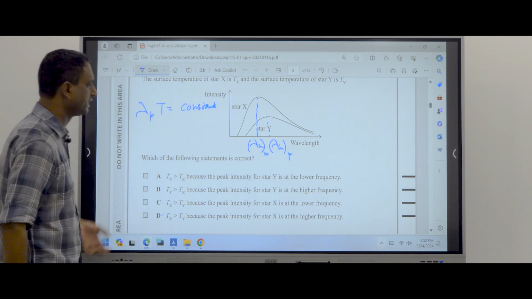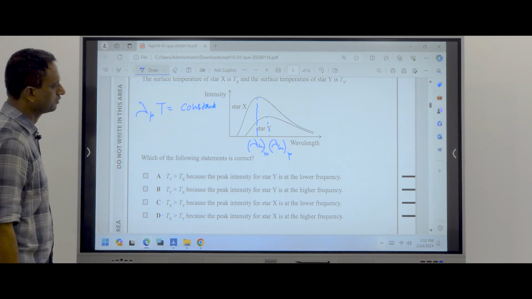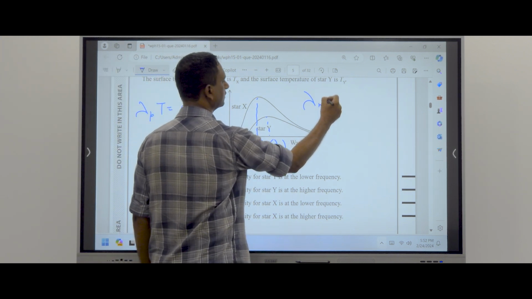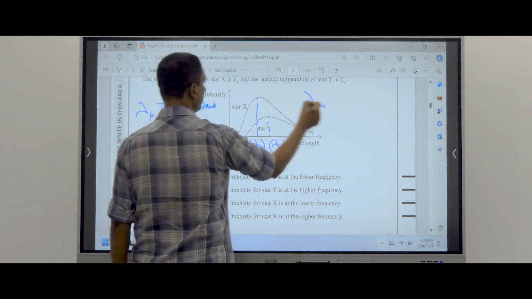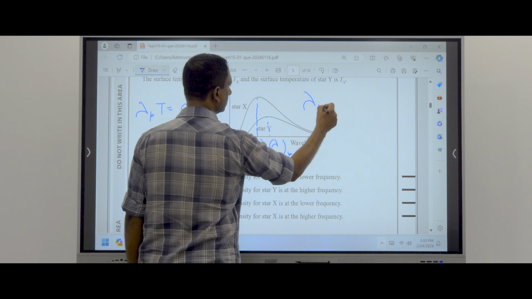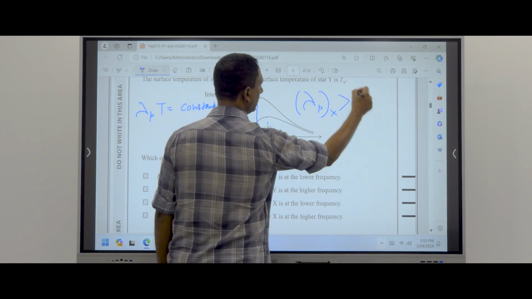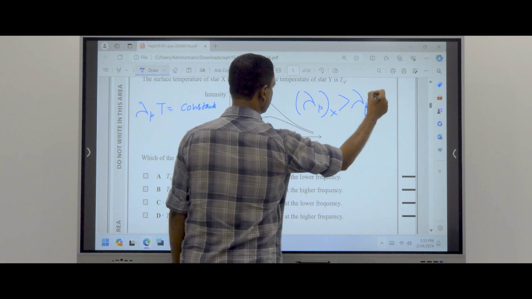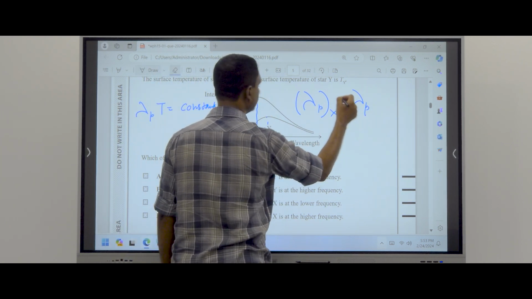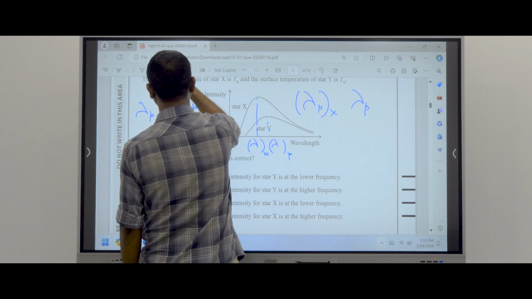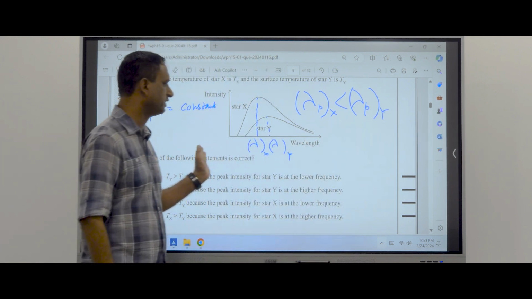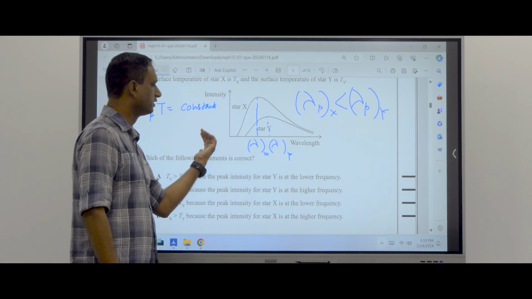Lambda max value for x is smaller. Let's better say lambda p. Lambda p for x is less than lambda p for y. From the graph you can see wavelength is the x-axis, and lambda p x is in the left hand direction.